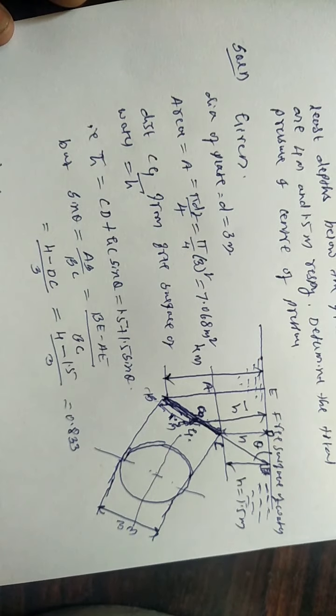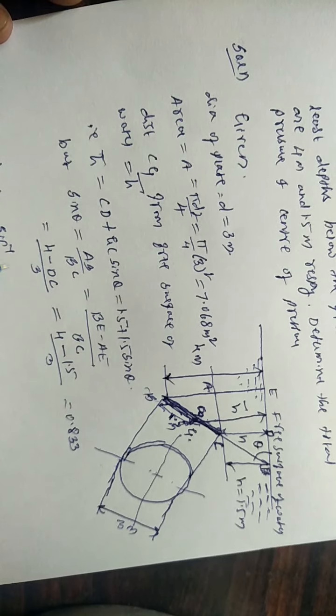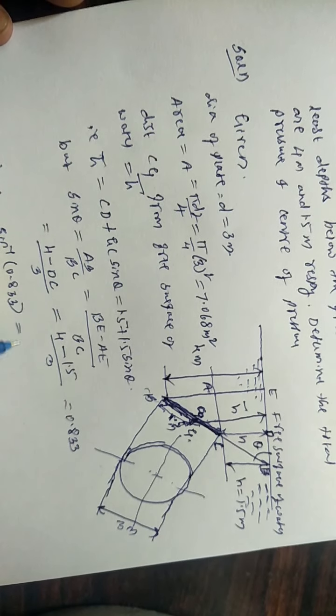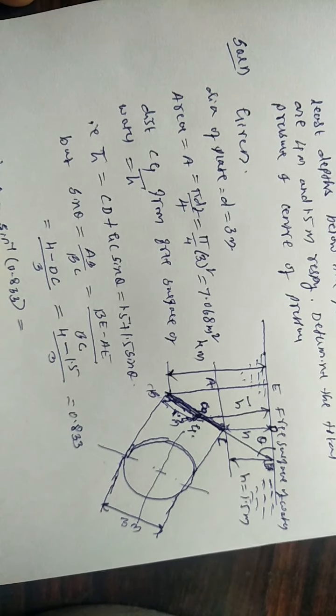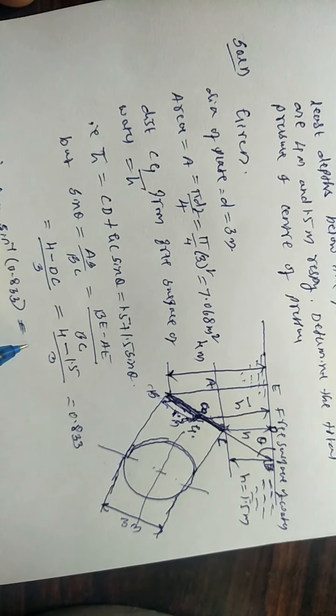Therefore theta equals sine inverse of 0.833. We will get it in terms of angle. That is sin inverse of something, we will get some value of theta.